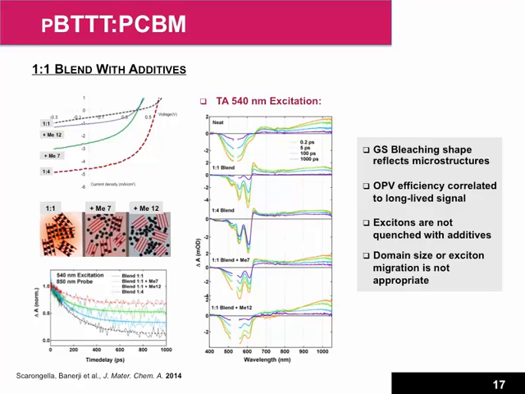However, we ended up with quite big domains of pure polymer, and we actually saw the signature of the excitons, which we also see in the pure polymer, which just stayed there and decayed in the same way they would in the pure polymer. And this means that somehow the excitons that we generated in the pure polymer regions never reached the fullerene.